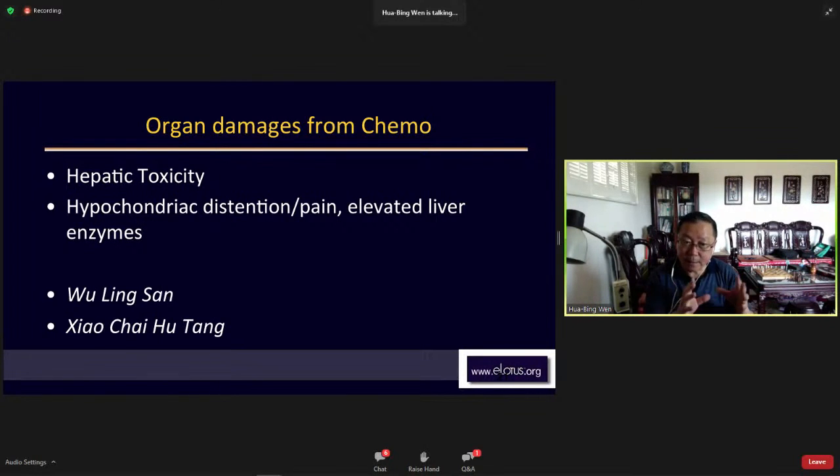And in practice, 五苓散 is used a lot to improve liver function, from the conventional medicine point of view, by regulating lipid metabolism.